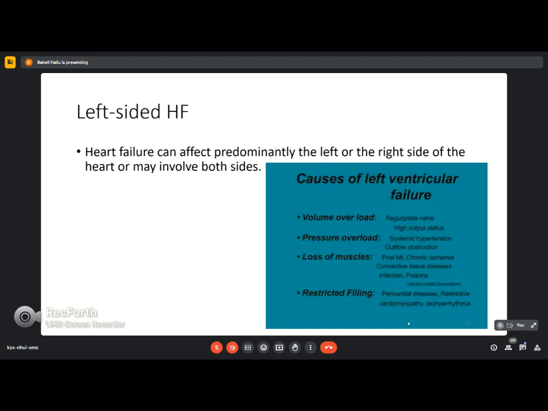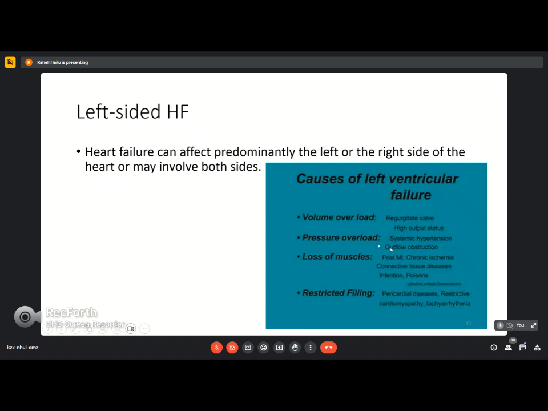Now the difference between left-sided heart failure and right-sided heart failure. Heart failure affects predominantly the left or the right side of the heart, or it can involve both sides. Left ventricular failure can happen with volume overload; a regurgitant valve, particularly mitral regurgitation, can result in left ventricular failure.